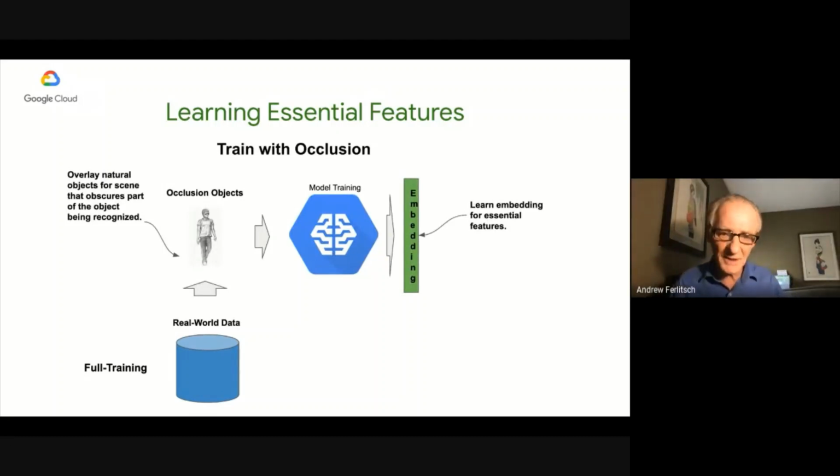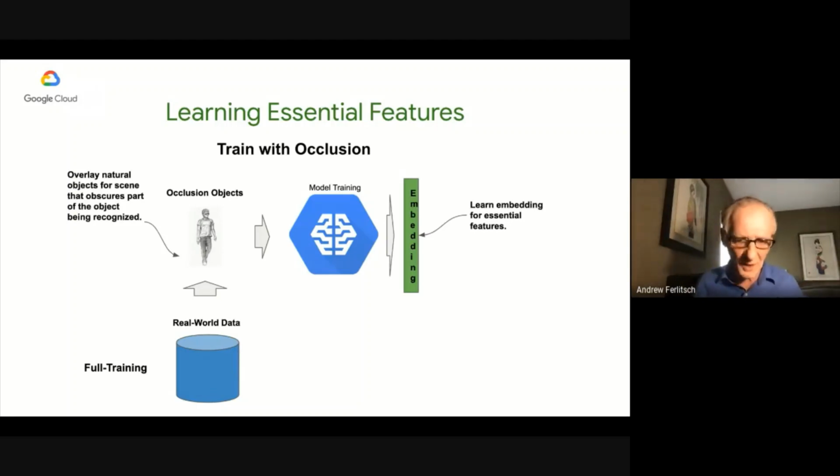So occlusion is kind of like helping the models learn how to fill in missing parts of essential features. For example, we may have trained a model for pedestrian recognition. But if that pedestrian is behind a car and we only see the top half of them, the bottom half is occluded.